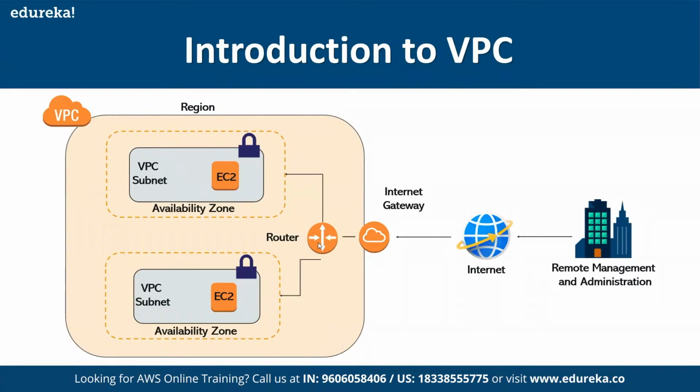Now, how do I provide a route? I have something called routers. Routers have route tables. We will talk about route tables a little bit later. In the route table, we can provide a range of IP addresses which can communicate to the subnet.